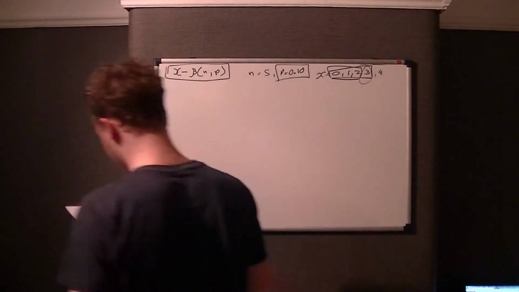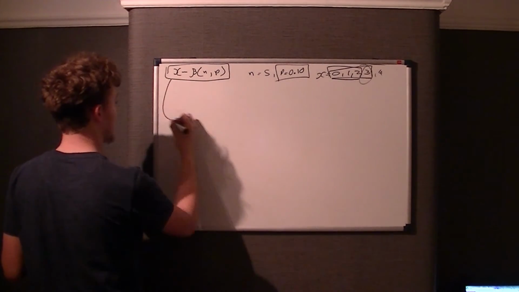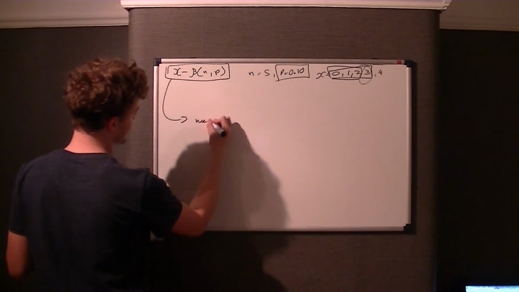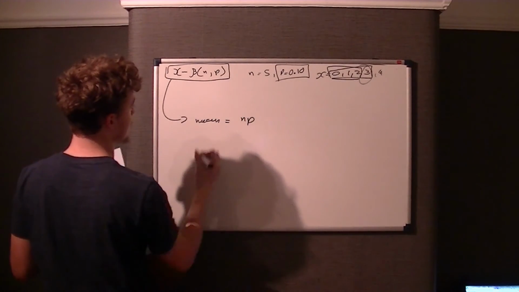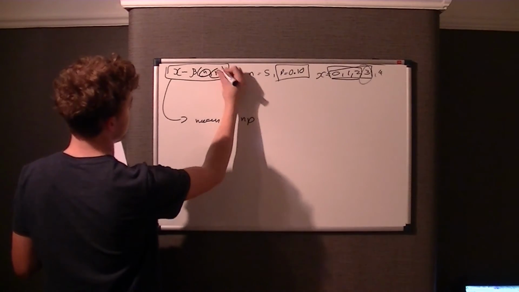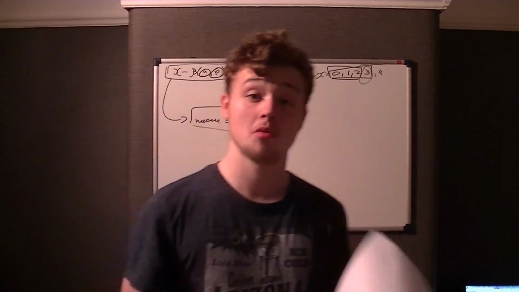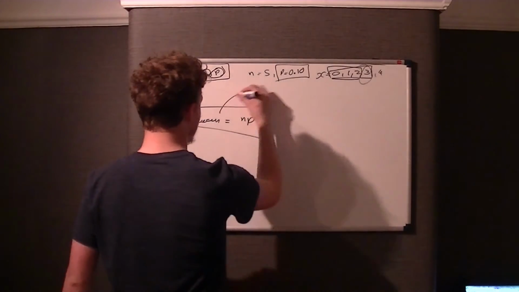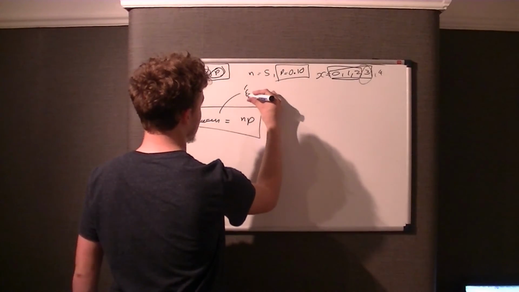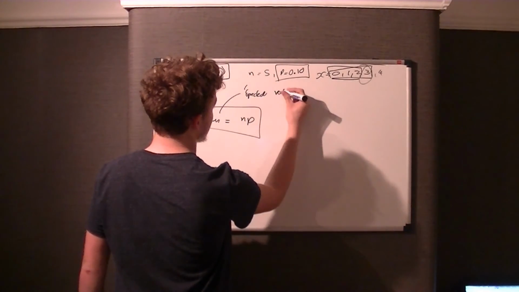Okay, so for this, binomial distribution, if we wanted to work out the mean, it would be equal to n times p. In other words, the number of trials times the probability of a successful trial. And that means, as we know from grouped data in S1, that's the expected value, okay? So this mean is also known as the expected value. And it might ask you to calculate the expected value in an equation.